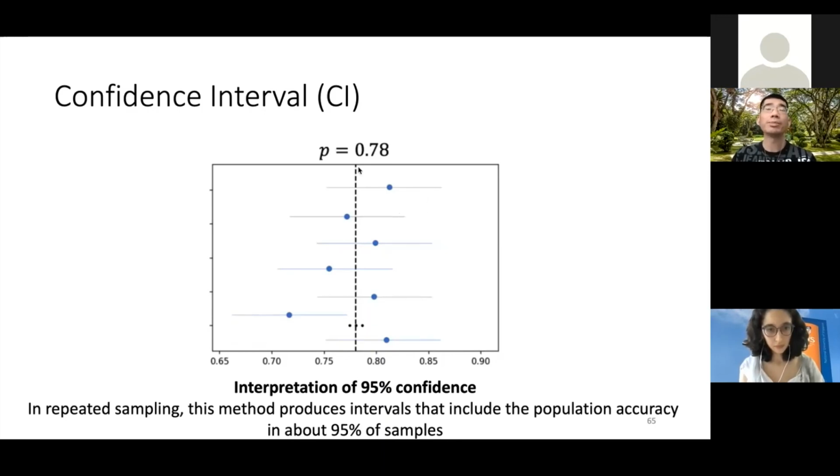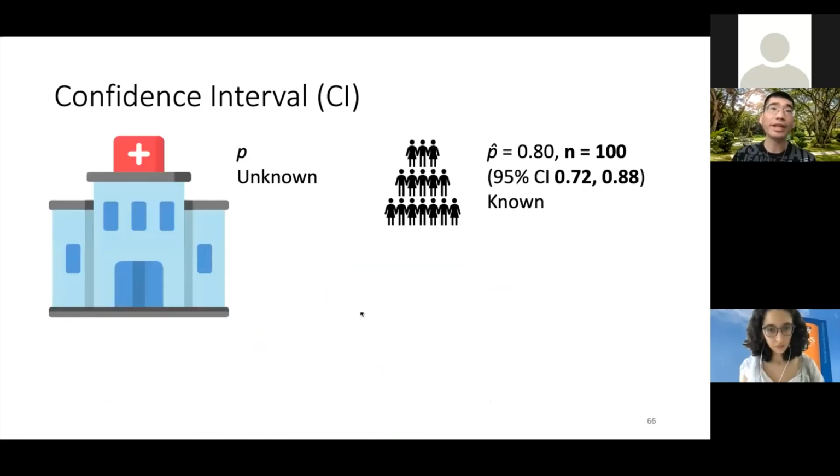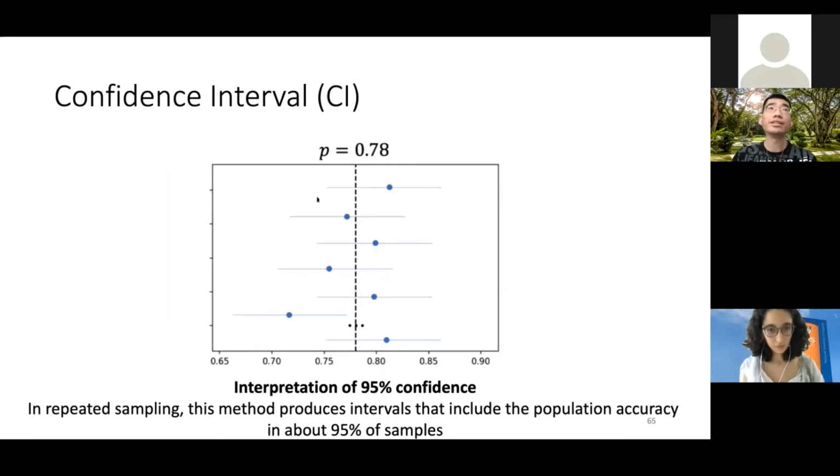And on this plot, we also have the true population accuracy plotted as the dotted line. But remember that this is unobserved, okay? We don't know it. And note that most of the samples contain the population accuracy, this vertical line, right? And here, 6 out of 7 contain it and only 1 misses it, okay?